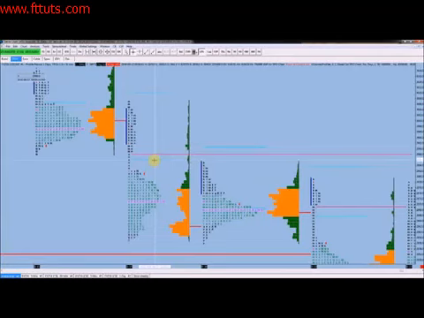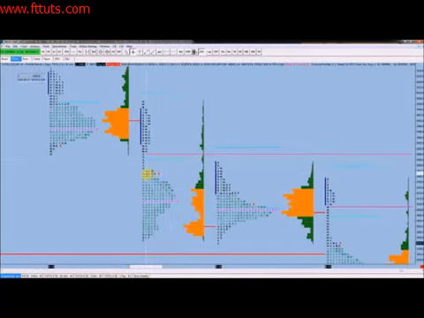So whenever you're looking at any of these metrics, you're always looking to use them as an area to enter a trade. These are key areas of support, key areas of resistance, and we're always looking to find those areas that are going to give us a high probability of success, an area of good support, an area of good resistance.